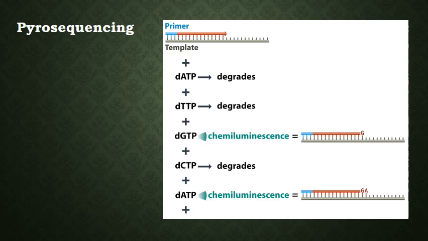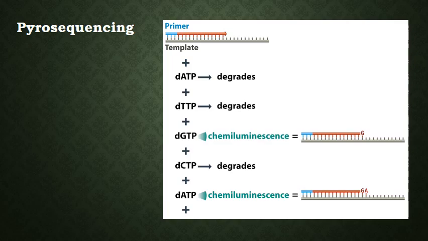Of course, if all four deoxynucleotides were added at once, then the flash of light would be seen all the time and no useful sequence information would be obtained. Each deoxynucleotide is therefore added separately, one after the other, with a nucleotidase enzyme also present in the reaction mixture, so that if the deoxynucleotide is not incorporated into the growing polynucleotide, it is rapidly degraded before the next one is added.